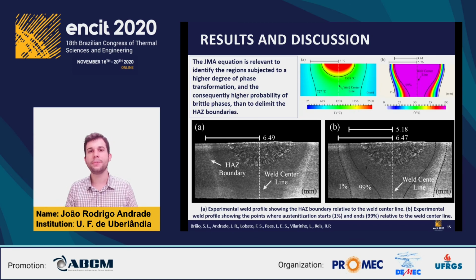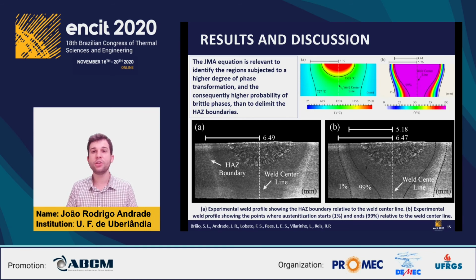From experimental results, we note that the numerical model can predict the HAZ boundary by approximately 90%. Based on this discussion, we can conclude that the austenite phase fraction can be used as well as the critical temperature to delimit the HAZ, but there is not a significant difference in practice when using only the critical temperature.